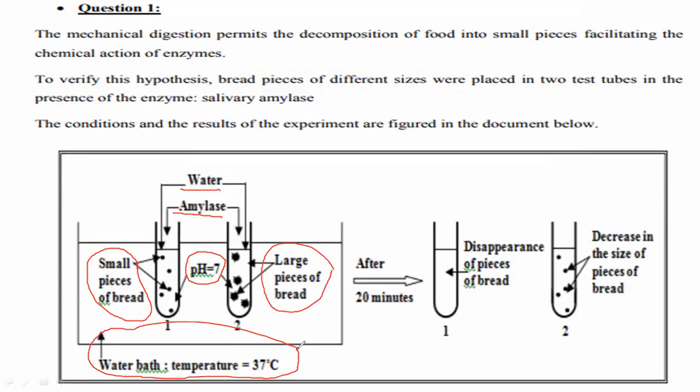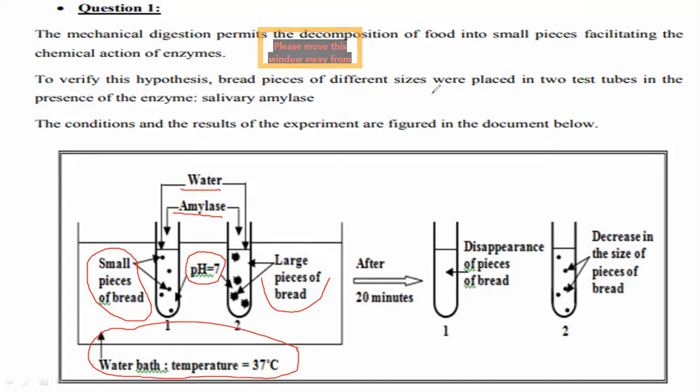My question is, what is the variable factor in this experiment? Yes, Abbas, what is the variable factor? The variable factor is the size of the pieces of bread. Very good, Abbas.